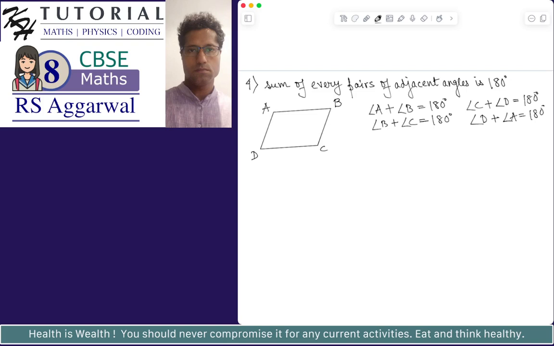How do we prove angle A plus angle B is equal to 180 degrees? Angle A and angle B. Okay, so we have BC parallel to AD, and AB is a transversal.